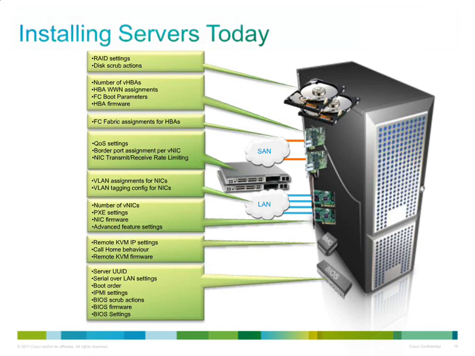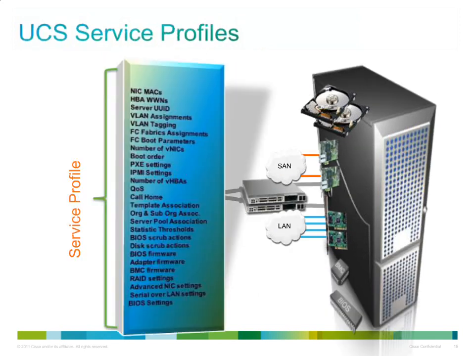And if you replace a server with a failed component and bring in a new one, you have to redo all of this work, because what you did was fixed and stuck in that piece of bare metal. What Cisco has done, which is very unique in the server industry, is find a way to abstract all of that identity from the physical componentry and store it in what we call a service profile.